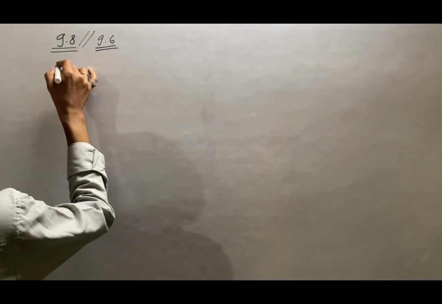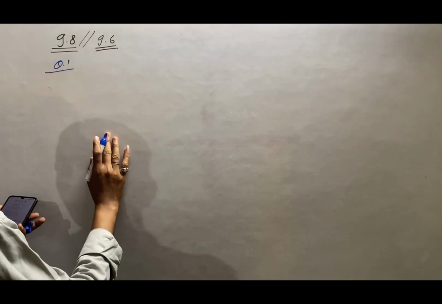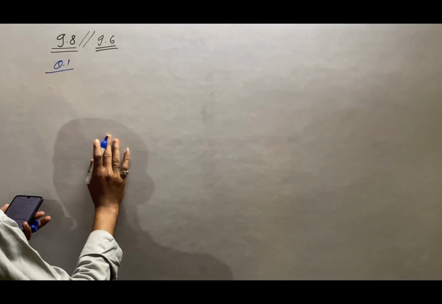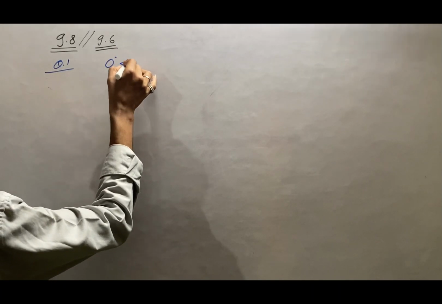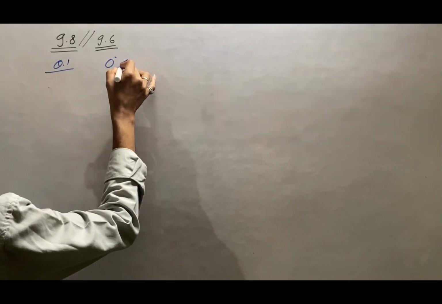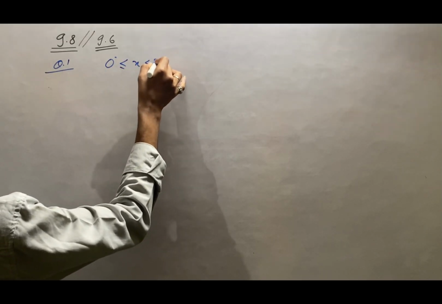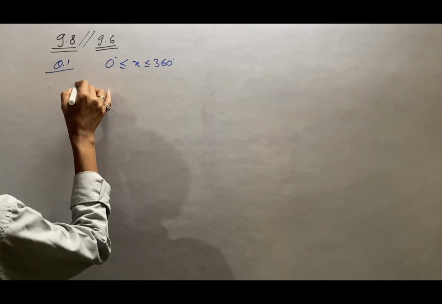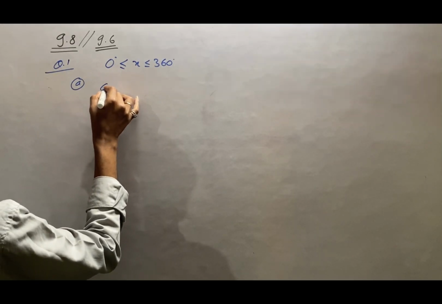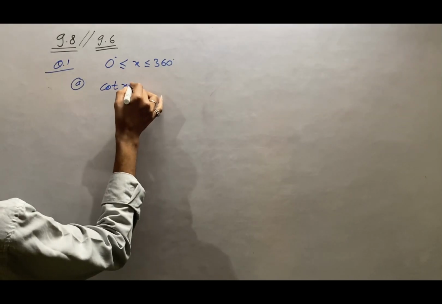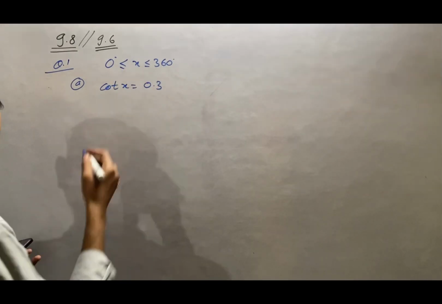So now the first question we have: solve the following equation for x where x is greater than or equal to 0, less than or equal to 360. In that, the first part we have cot of x equals 0.3.